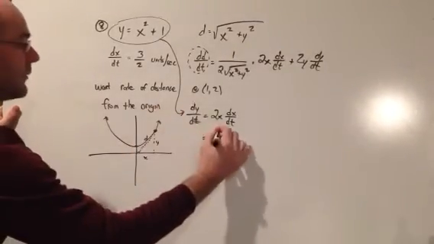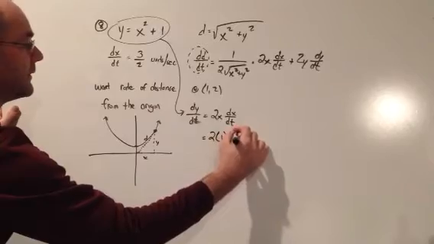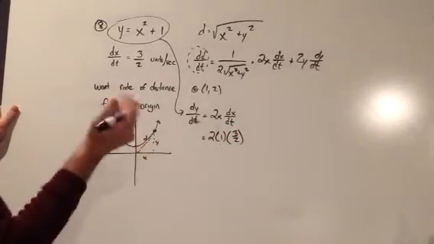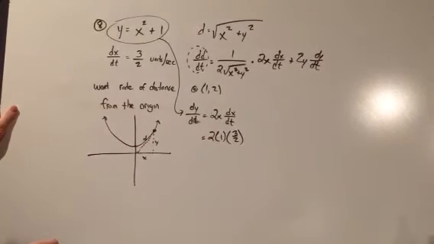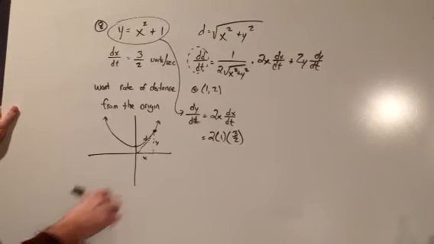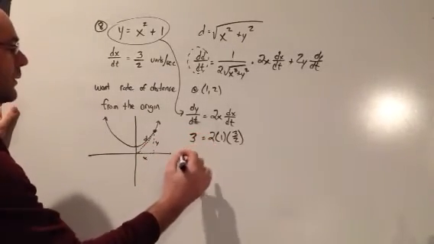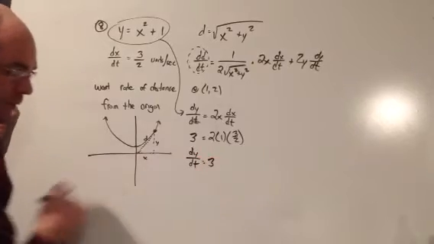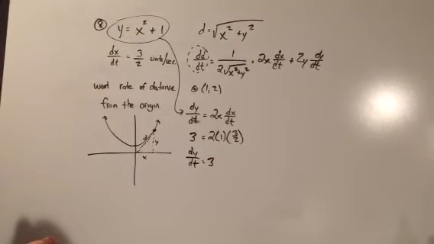I know my x is at 1 now, and dx/dt was 3/2. So 2 times 1 is 2, 2 times 1.5 is 3. So dy/dt is now 3.